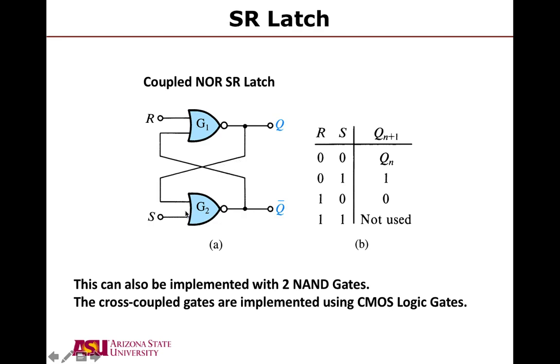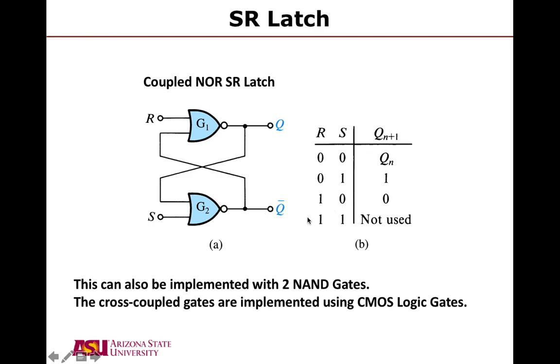Same thing goes for G2. So Q and Q bar maintain the previous state or hold their value as they were in the previous state. So putting a 0, 0 into set and reset means the present state is the same as the prior state. So this is our form of memory.